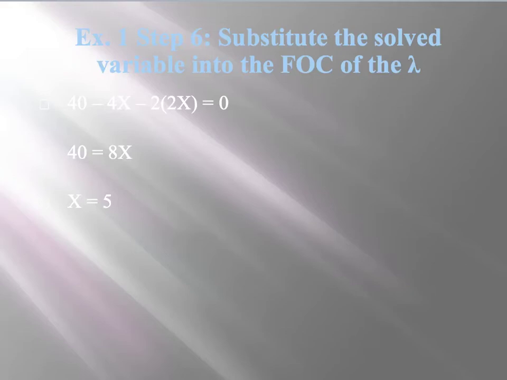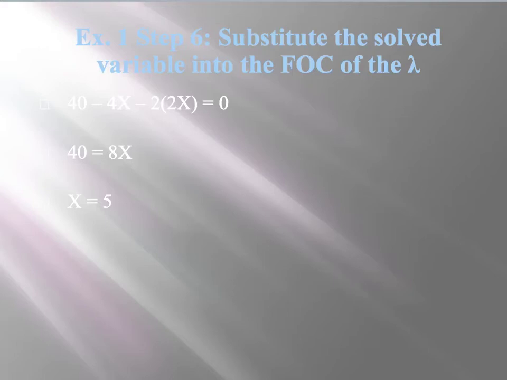We're bringing that back in, and what we're going to do is take our solution from the last slide, y is equal to 2x, and plug that into our budget constraint derivative here. We're going to have 40 minus 4x minus 2y, but now it is minus 2 multiplied by 2x because we're plugging y is equal to 2x in. So we have 40 minus 4x minus 2 multiplied by 2x.